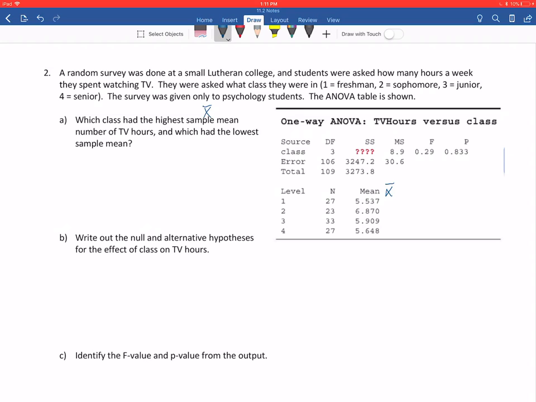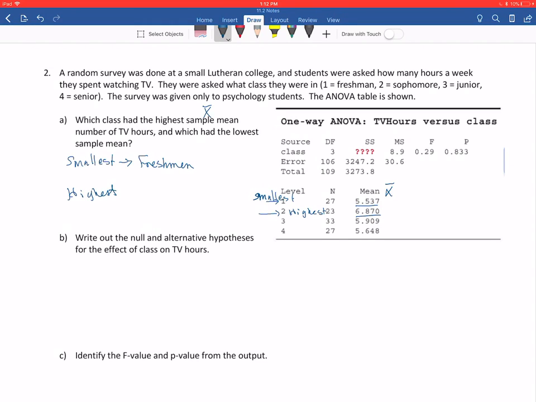As far as the sample means are concerned, it looks like the smallest was the freshman. So they watched the least amount of TV.